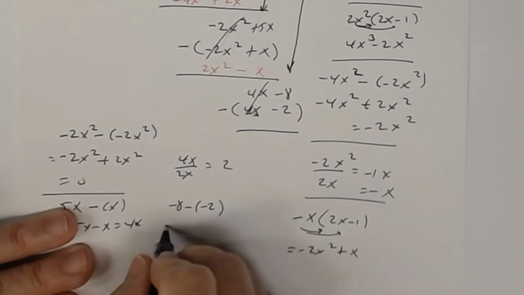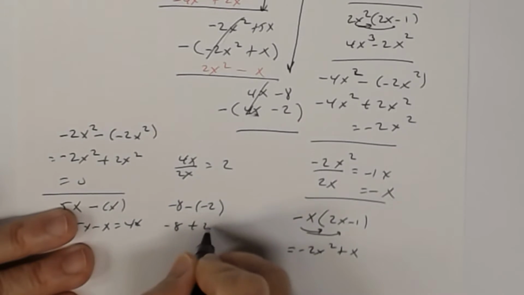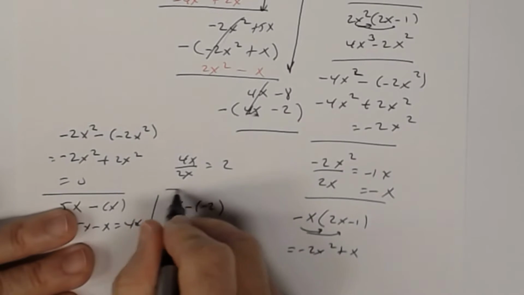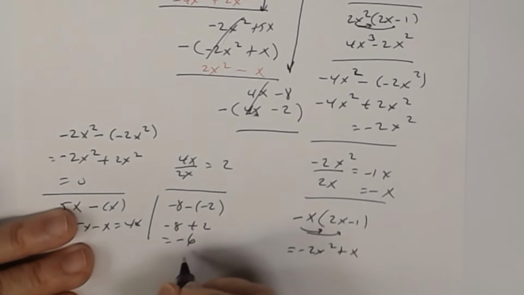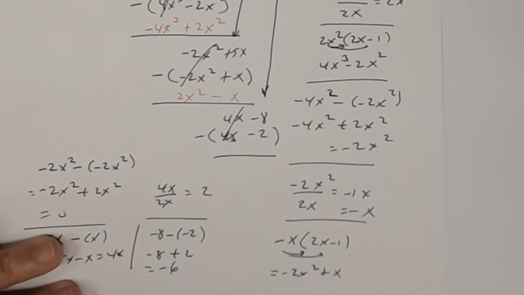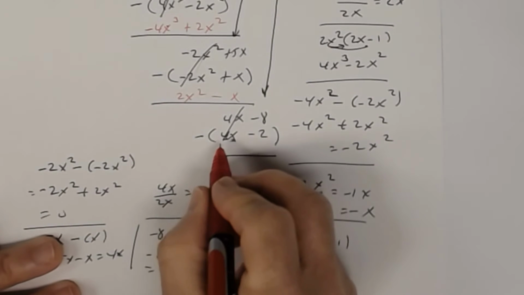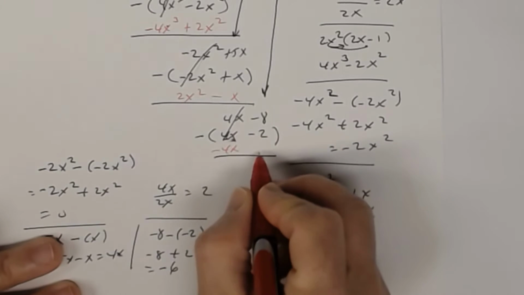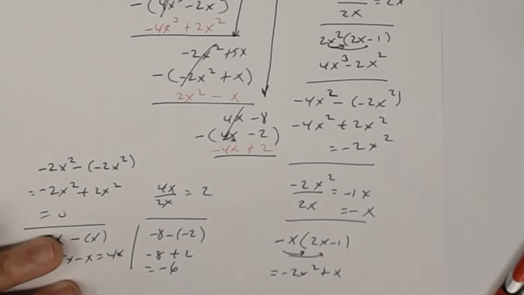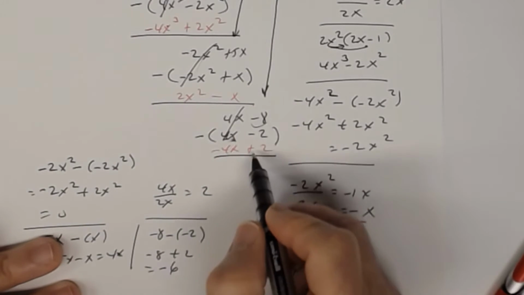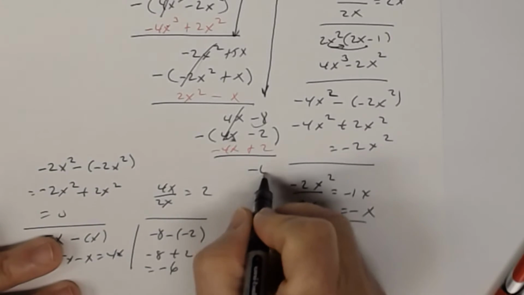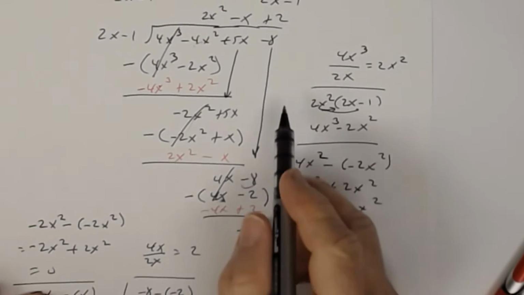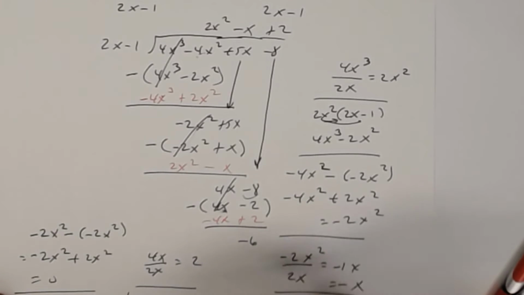Well, that becomes negative 8 plus 2, which is negative 6. Okay, if you need to rewrite it in red, you do that. The opposite of 4x is negative 4x. The opposite of negative 2 is a positive 2. And notice that negative 8 plus 2 is negative 6. All right, and notice there's no other term to bring down, so that's your remainder.